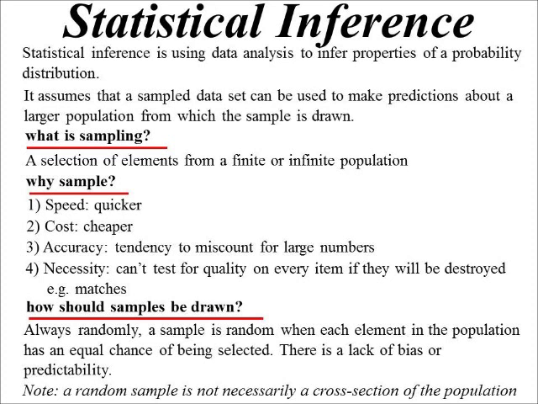So if it's truly random and they come from everywhere, let's take the recent election, for example. They like to do opinion polls and find out what people are thinking. Obviously you can't survey every person in the country, and so they sample. But if I don't get people from, say, the western suburbs of Sydney, then it might not be a good predictor about who's going to win the election.